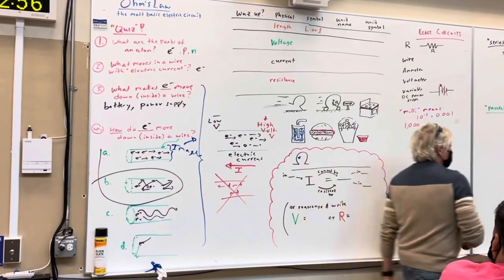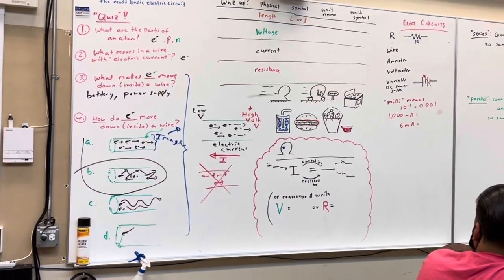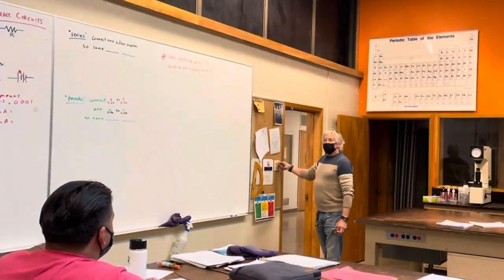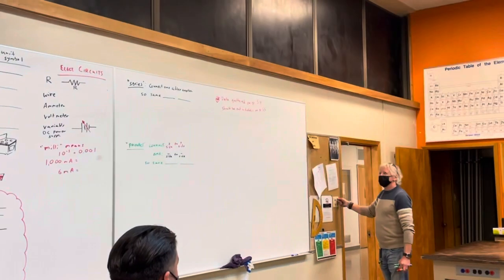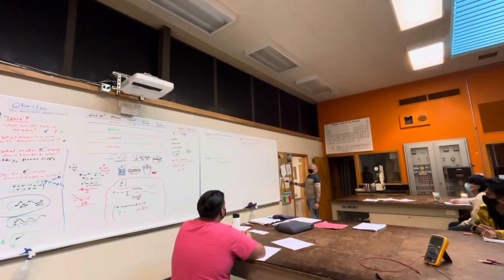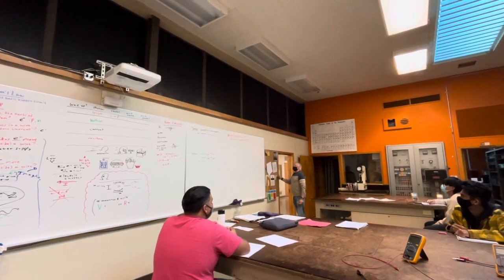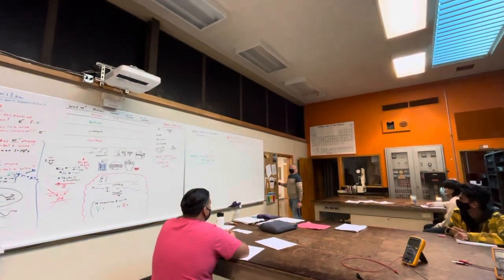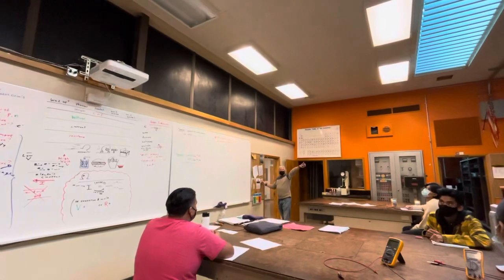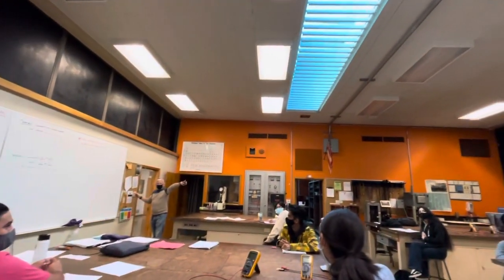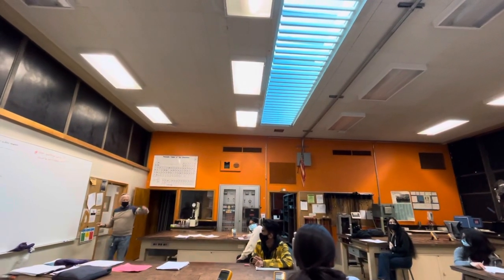Now, how fast do you think it takes electrons to get from this light switch to that? From here to there, how long does it take the electrons to get from here to there?